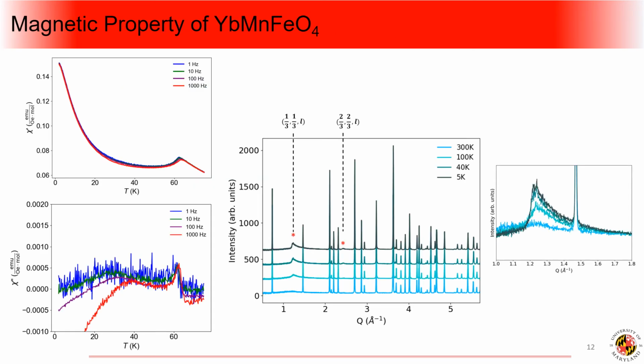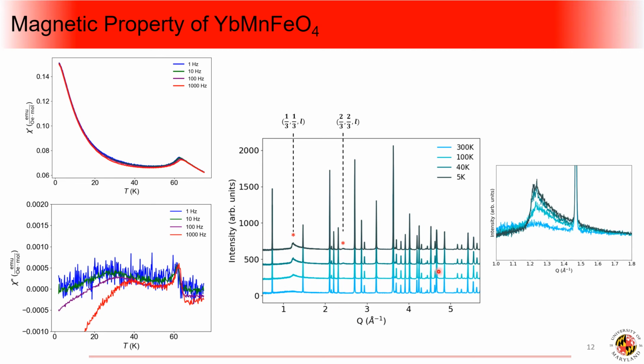We also tried to explore how the oxygen uptake influences the magnetic properties of this material. So we did AC susceptibility measurements and neutron diffractions at different temperatures. The AC susceptibility measurement shows this material is a spin glass, with a glass transition temperature around 60 Kelvin.